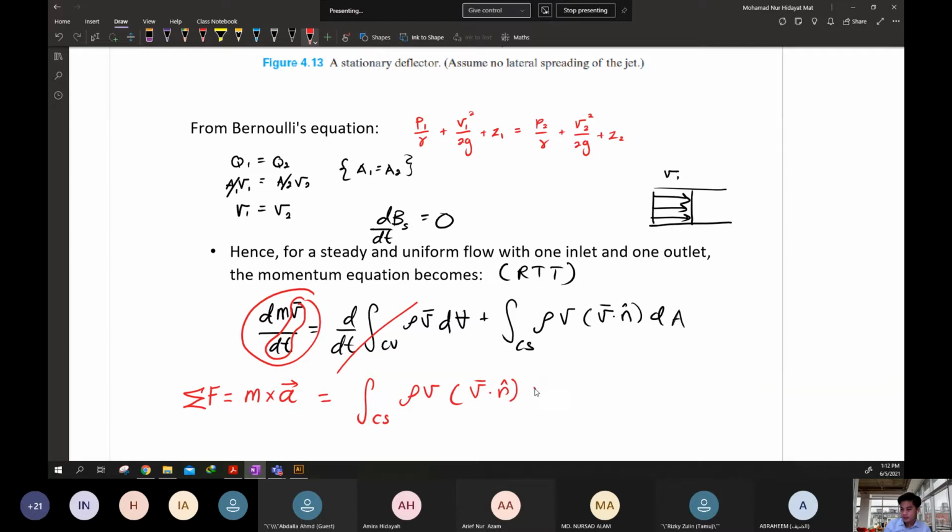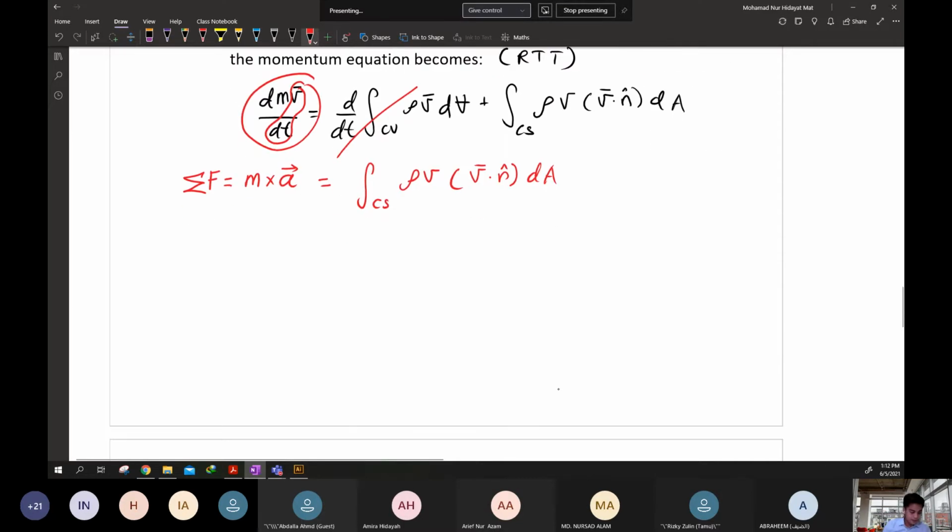This is the dot product. So from here we can finalize that the summation of force in the momentum equation is equal to the control surface integral of ρV (V·n) dA. This is quite simple.